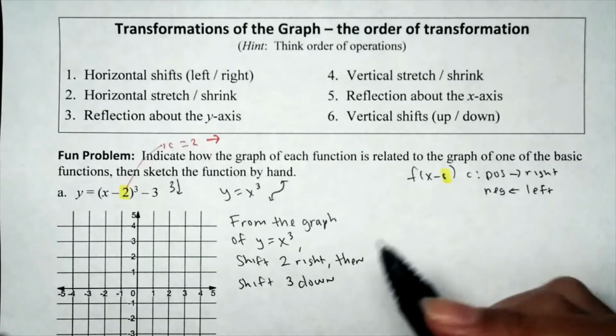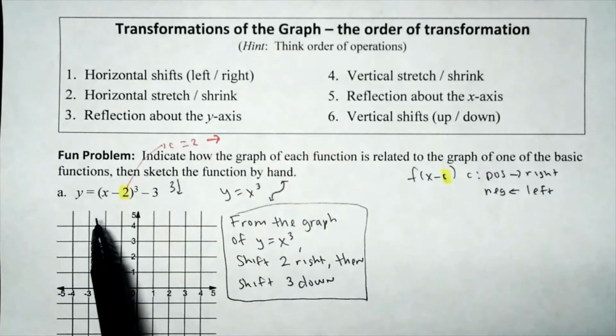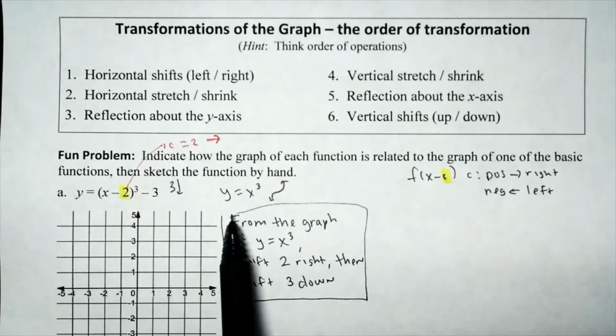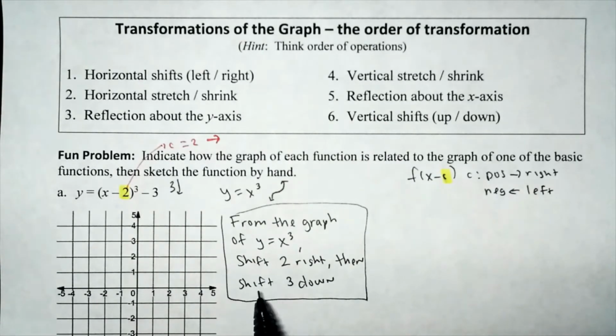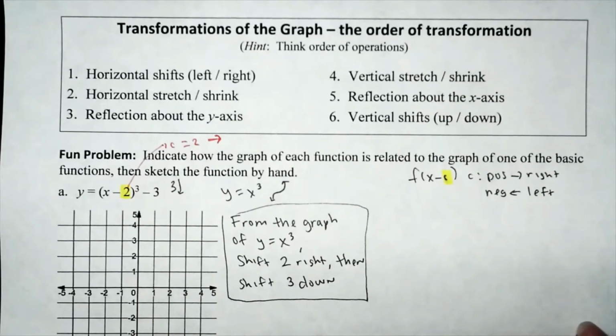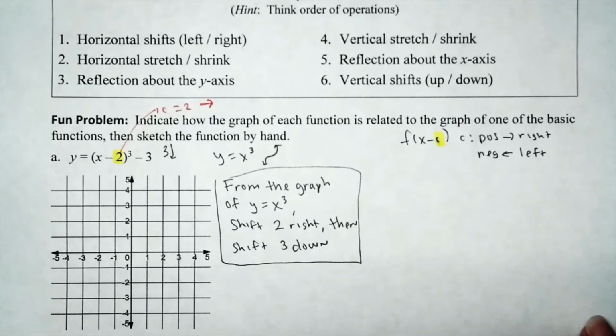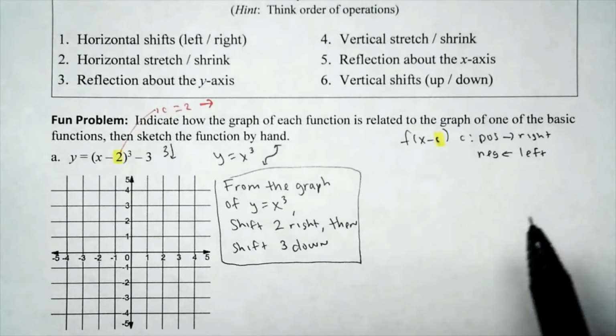Cool. So that is the first part. We have to indicate how this bad boy relates to the graph of one of the basic functions, and we just did. So we told the reader from this graph, shift 2 right, then shift 3 down. So then we're gonna go ahead and sketch it out. Let's go ahead, let me do a thinking area right here.